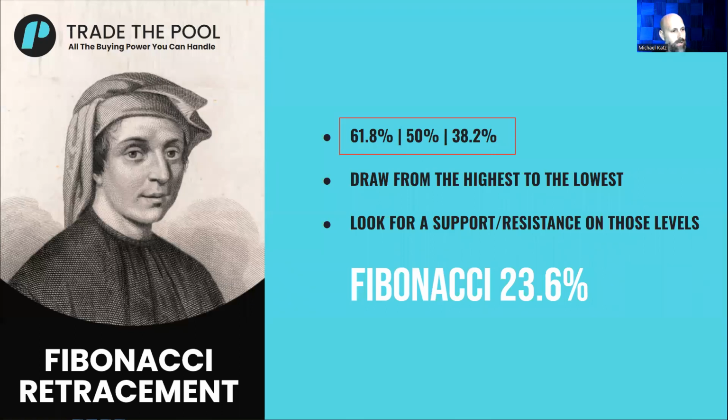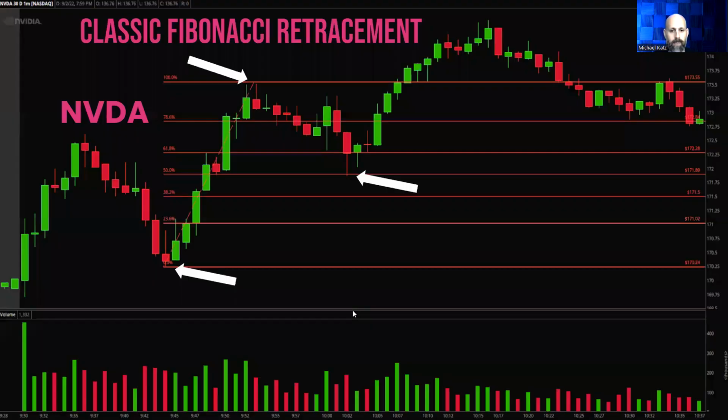Now, those are good and fine when it comes to finding a classic Fibonacci retracement that looks like a basically pullback, right? So let's say I'm looking at the NVDA at the moment. The price moved higher, then it pulled back, correct, to the 61.80 or the 50, held the support level, and from that point, most traders will look for an uptrend to continue basically the trend and buy around those levels.